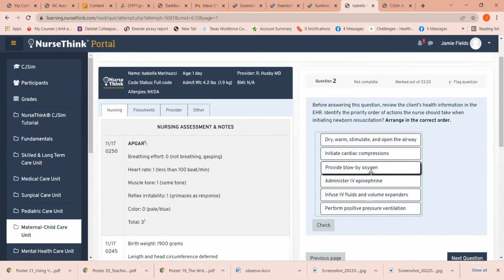Before CPR. So we're going to give that baby some help breathing before we start compressions, okay? Anything else before we move on? All right, I'm going to go to the next question.